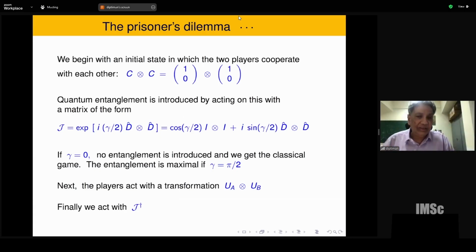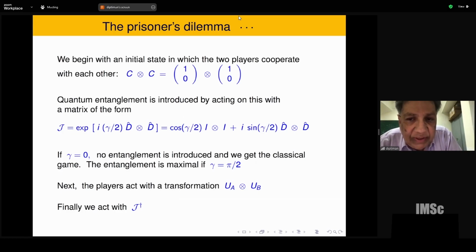Once J acts on this, the 2-qubit state is spin up up plus I times spin down down. Instead of up down minus down up, which I had in the spin singlet case, here I have up up plus down down. This is also an entangled state.